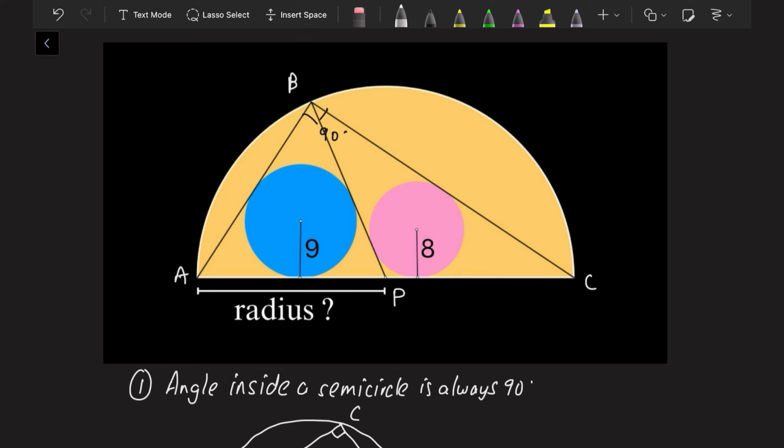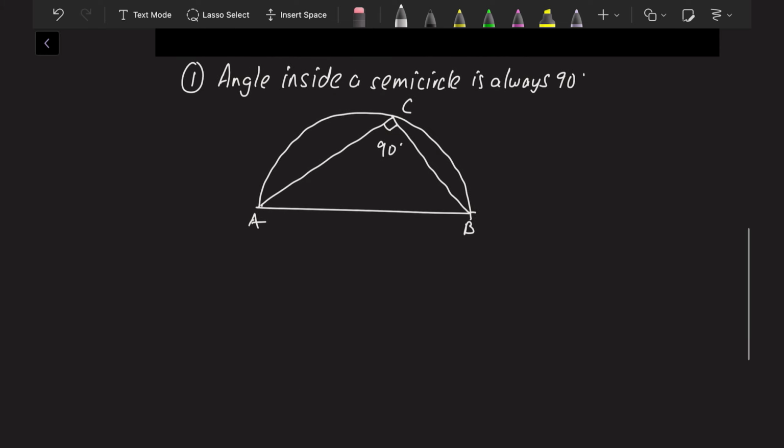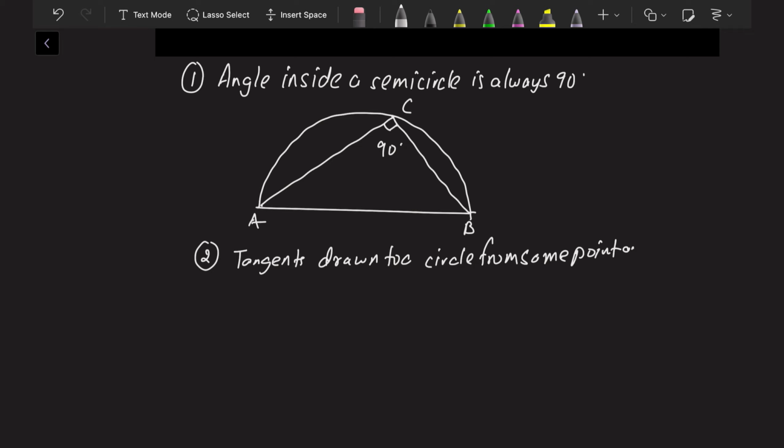Now let us talk about the other theorem that we are going to use. The second theorem is also very simple. You have also learned it: tangents drawn to a circle from the same point are equal.